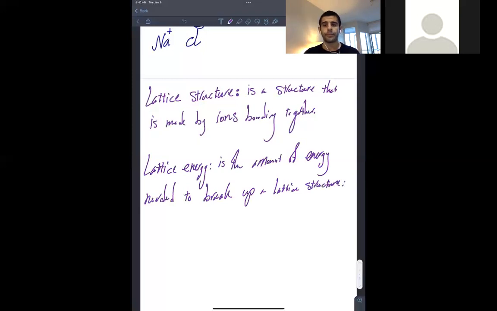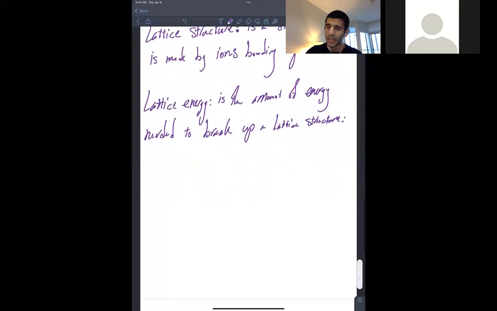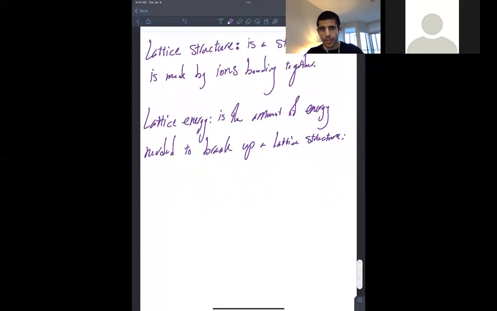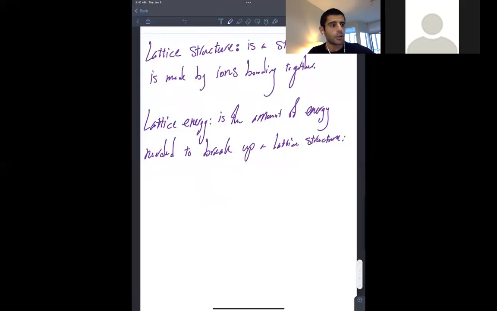So again, what are we concerned with? The formula you see for this in chapter 2 is actually not for calculation, but mostly for seeing the relationship between the factors that affect the lattice energy.